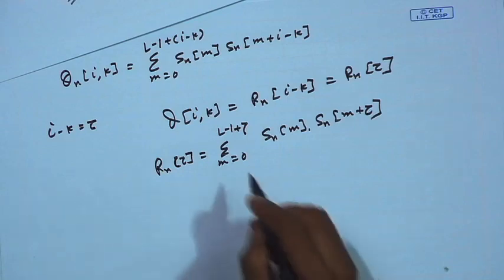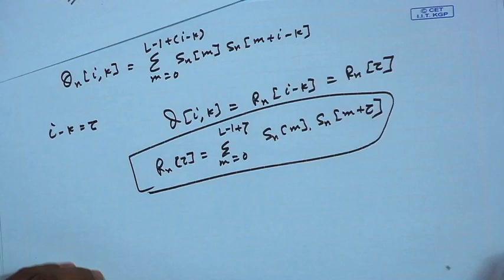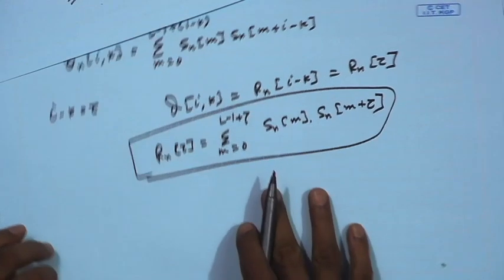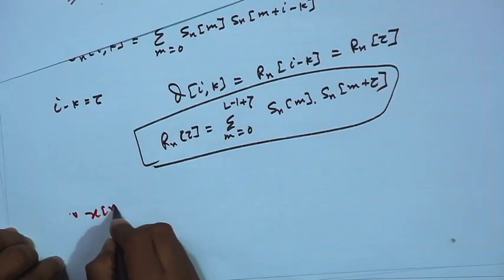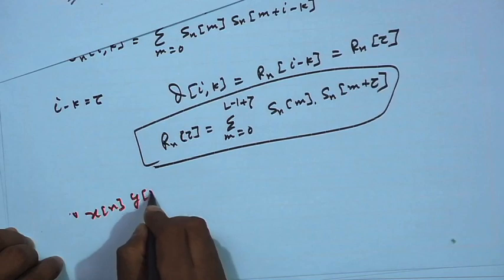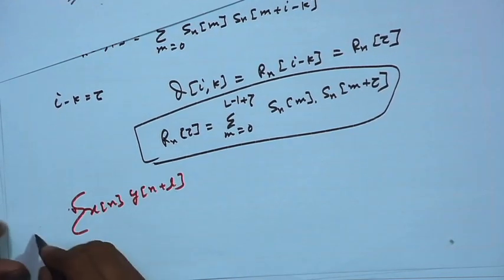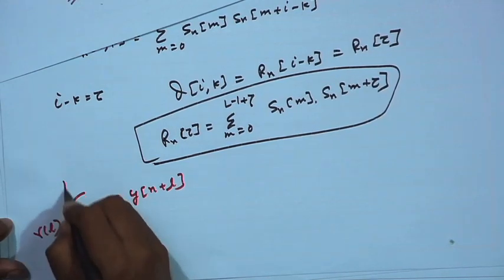Okay. So, if it is that, what is this? What is the correlation between the two signals? If it is x(n) and y(n+L), then R(L) is equal to the sum over m equal to 0 to L minus 1.